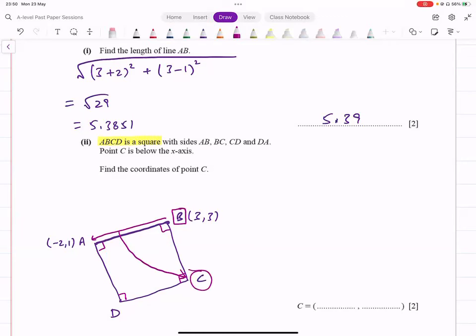Does that make sense? अगर आप B को एज अ सेंटर ऑफ रोटेशन रखो और आप इसको रोटेट करो पॉइंट A को इस तरह से, तो आपका वो पॉइंट A जो है पॉइंट C पे पहुंच जाएगा. That's one way to think about this using transformations. Now, how do you do that rotation?